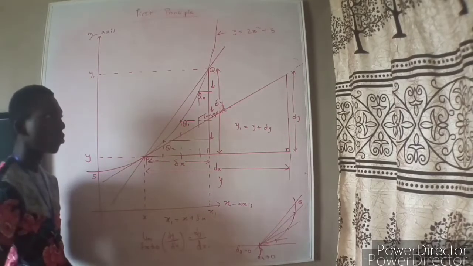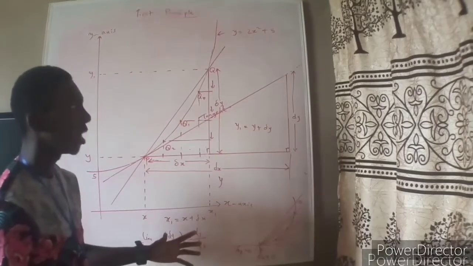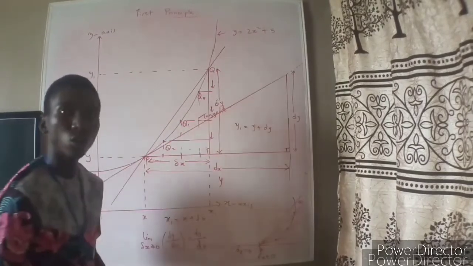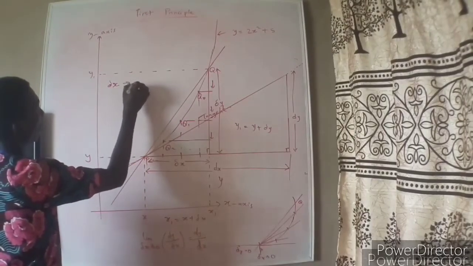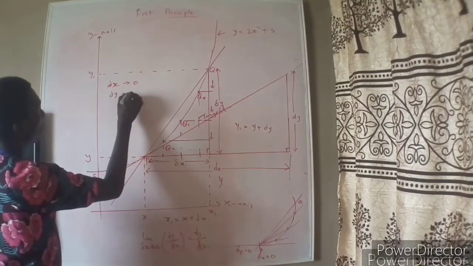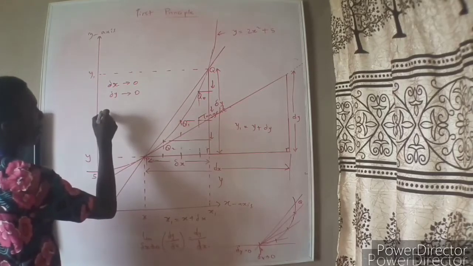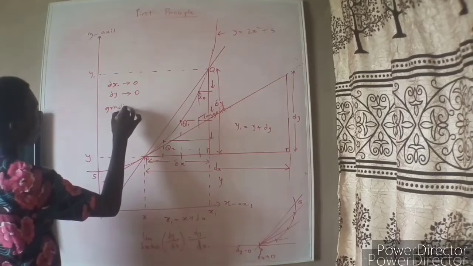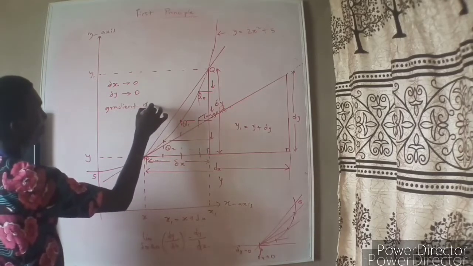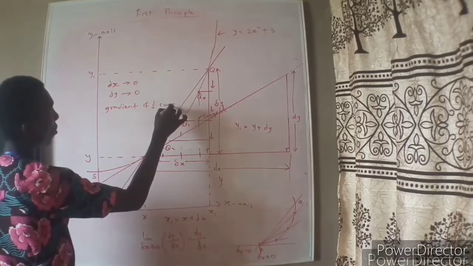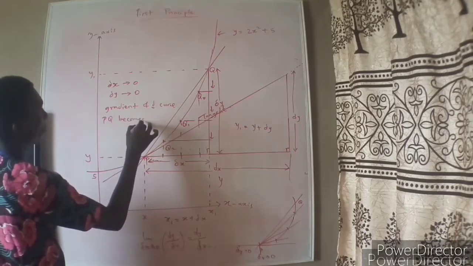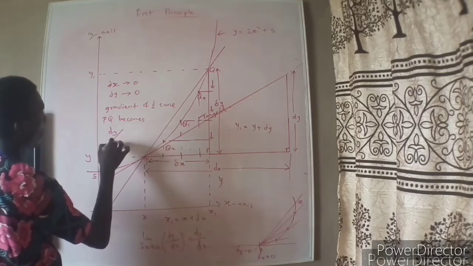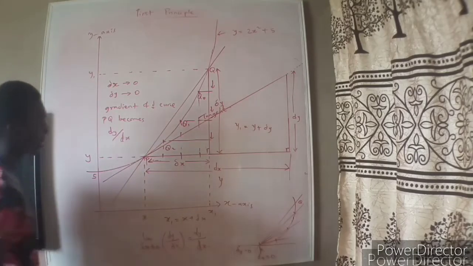And once they become 0, what happens? We have a gradient called dy/dx. So as change in x approaches 0 and change in y approaches 0, I will now say the gradient of the curve PQ becomes dy/dx.